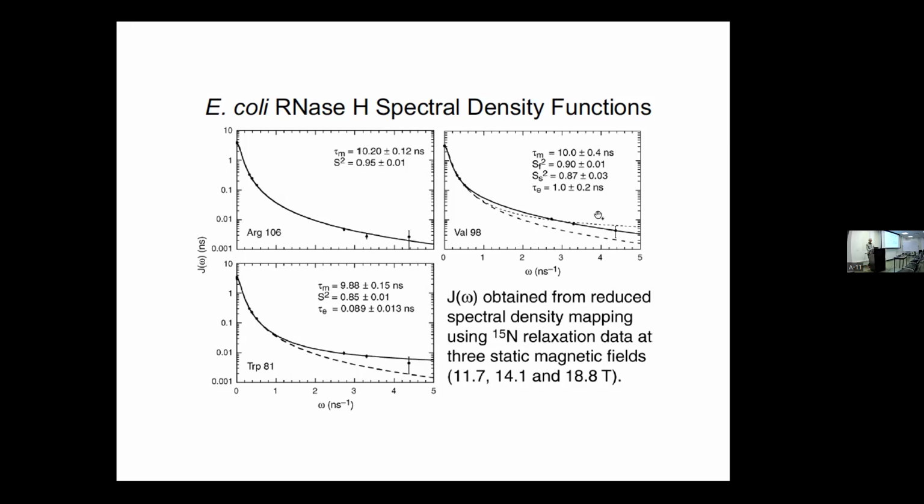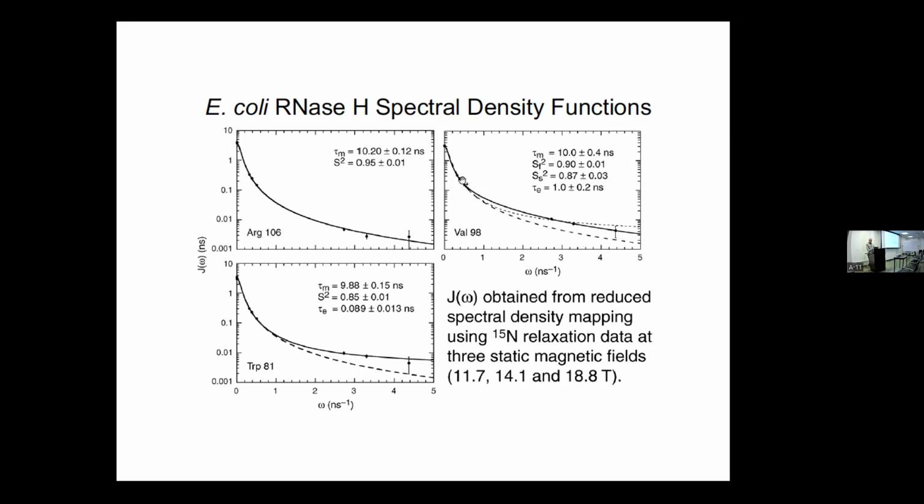And then you can see that it's really only the spectral density function at the highest magnetic field that distinguishes the models in this case. And this was at 800 megahertz; 900, 1.2 gigahertz make this problem easier and easier to resolve.